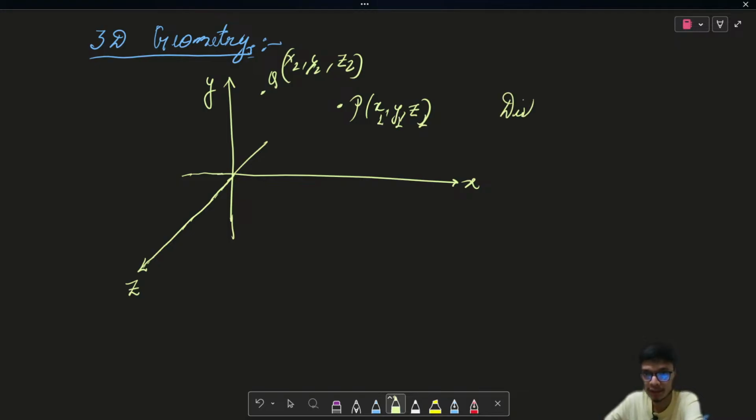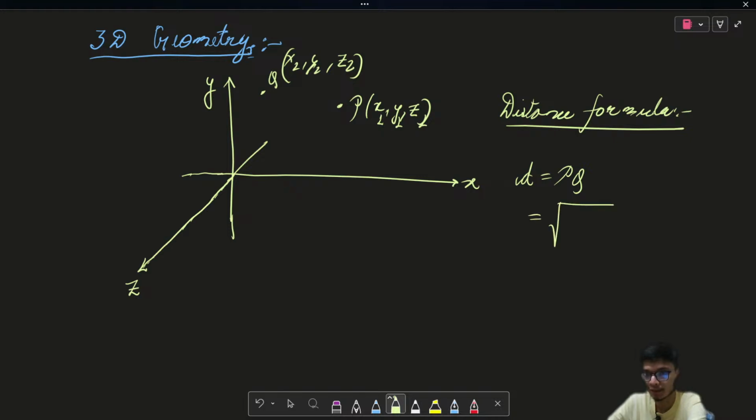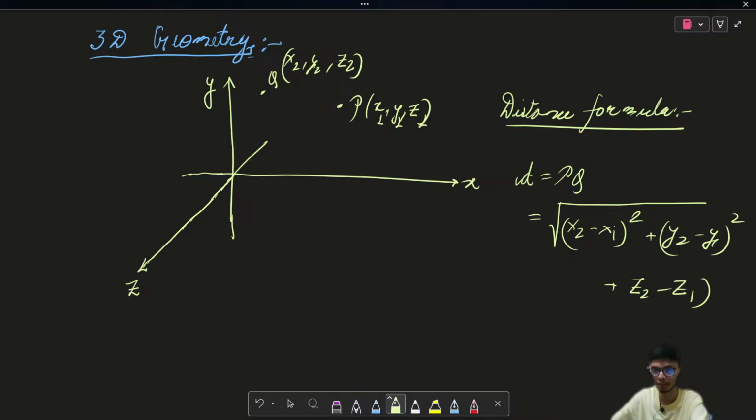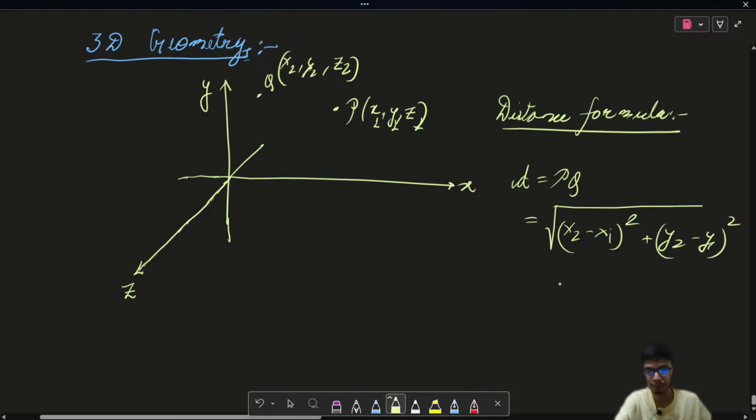Then the basic understanding of the distance formula says that the distance between this point P and Q will be given as square root of (x2 minus x1) whole square plus (y2 minus y1) whole square plus (z2 minus z1) whole square, right? Let me write it properly so that you have no confusion.